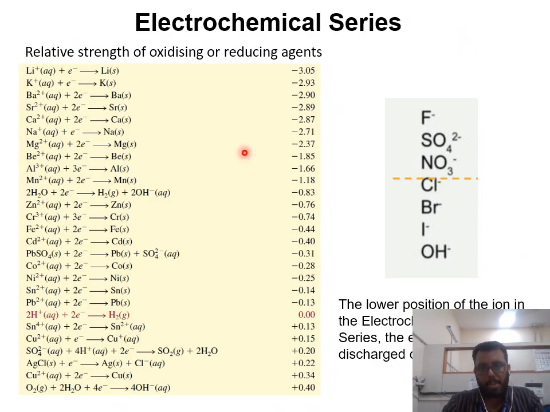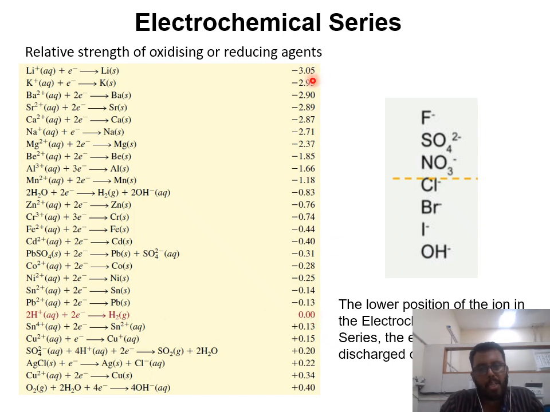Okay, the electrochemical series is very important. We need to understand how the elements are arranged based on their potential. 3.0 volt is the maximum negative standard reduction potential, that of lithium. But look at the middle one, this is hydrogen. So this is arranged by comparing with the standard hydrogen electrode, which is 0 and remains constant.